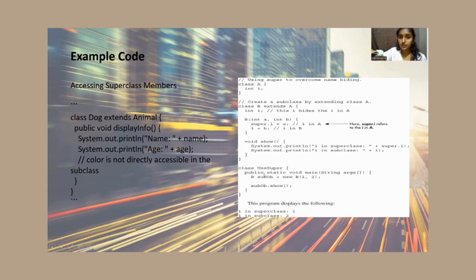Class UseSuper, public static void main String args. Then this is the program, and this is the output of this program. So the output is i in superclass is 1 and i in subclass is 2.